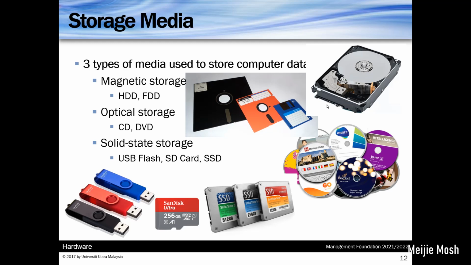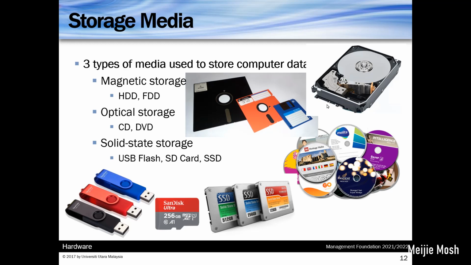Solid state storage or flash memory has replaced most magnetic and optical media as it becomes cheaper, because it is the more efficient and reliable solution. It is a type of non-volatile computer storage that stores and retrieves digital information using only electronic circuits without any involvement of moving mechanical parts.